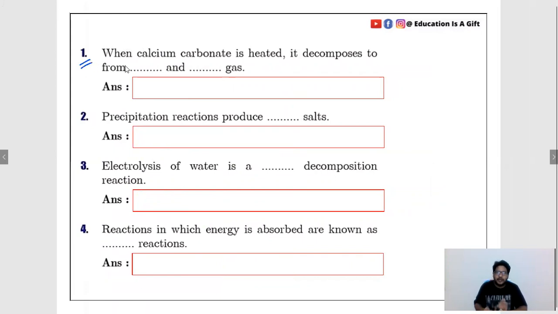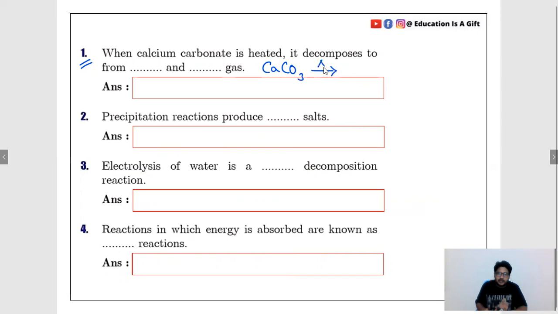Number one. When calcium carbonate is heated, it decomposes to form dash and dash gas. Or they may ask a question like, what happens when calcium carbonate is heated? Explain with the help of an equation. And what is that equation? CaCO3, that is calcium carbonate.